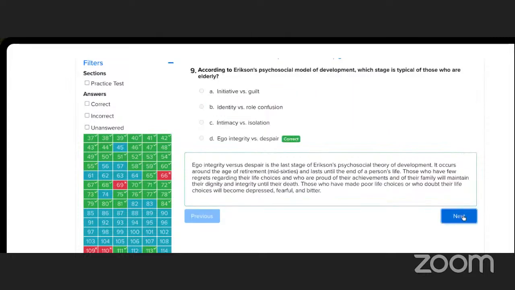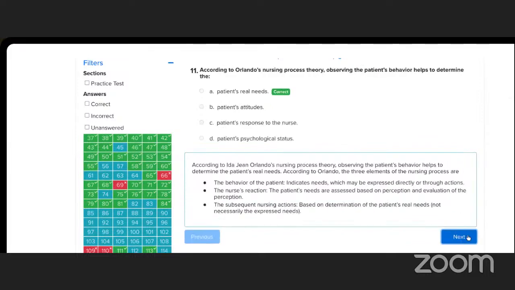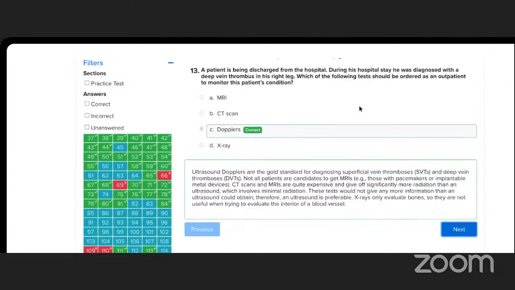I'm going to move on to question number 13. Remember, we talked about the patient diagnosed with deep vein thrombosis in his leg. Which of the following tests will be ordered, do you think?